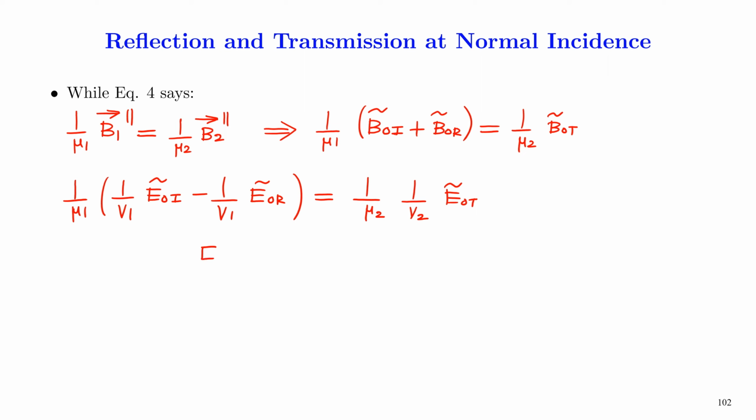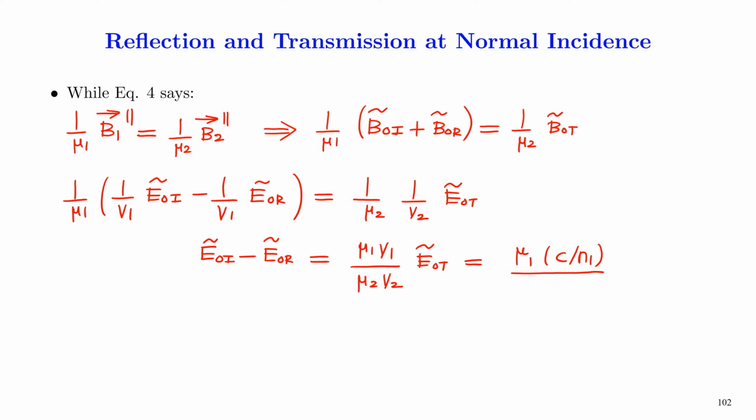When we simplify this equation, E_0I minus E_0R is equal to μ1 v1 divided by μ2 v2 multiplied by E_0T. When we rewrite this equation in terms of the refractive index, we have μ1 times c over n1, where n1 is the refractive index of medium 1, and μ2 times c over n2, times E_0T.